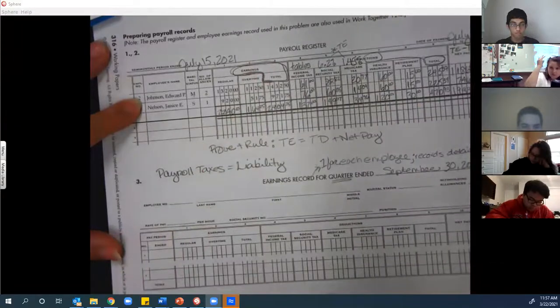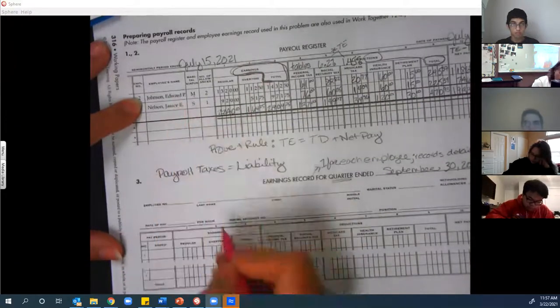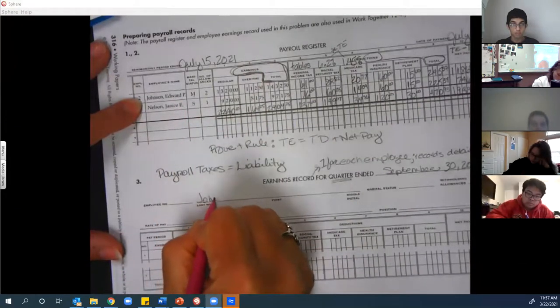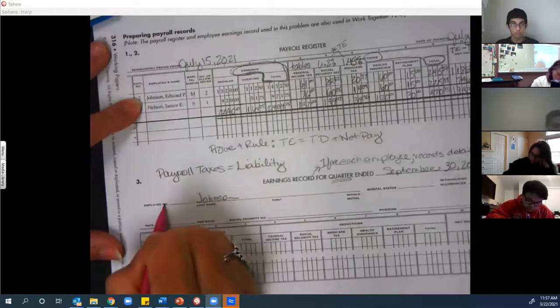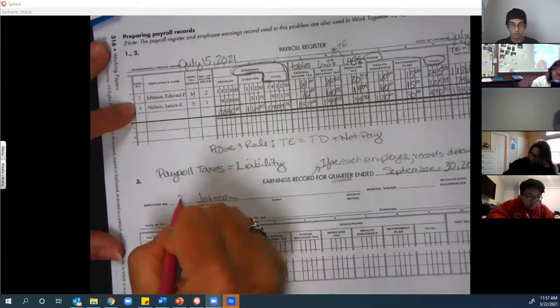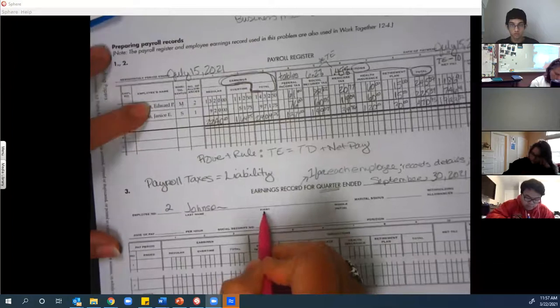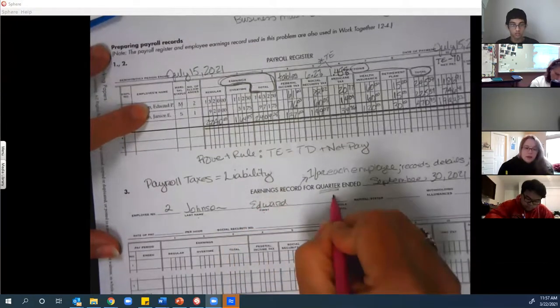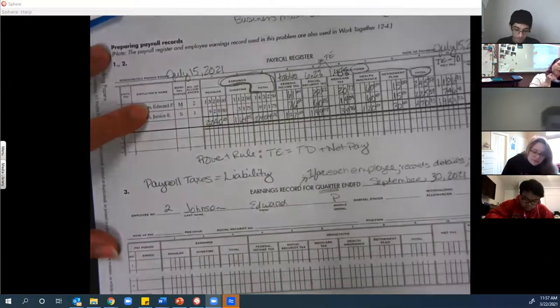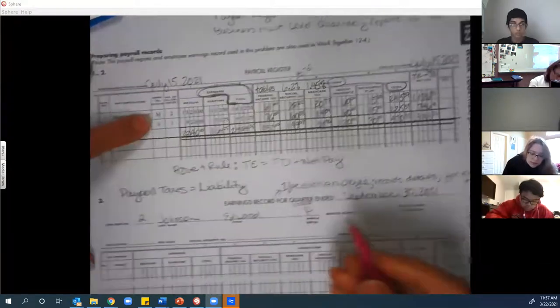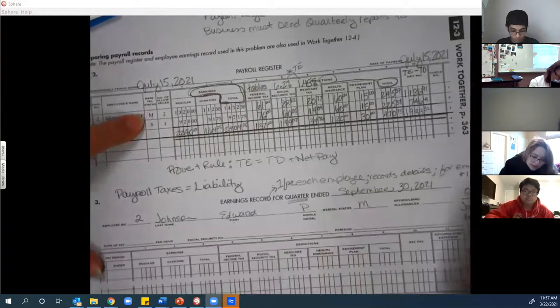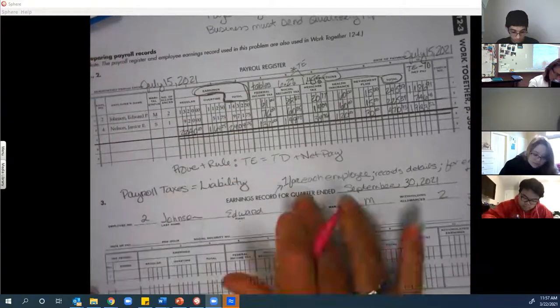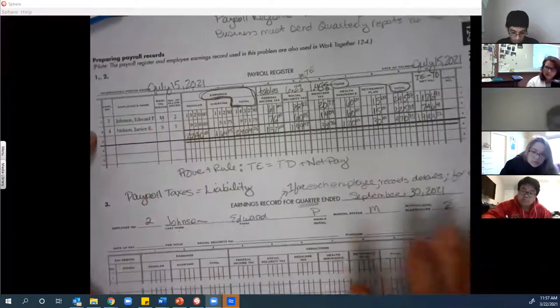I'm going to have to zoom out a little bit. His employee number is 2. His first name is Edward. Middle initial P. Marital status is M. Withholding is 2. So all of that can come from up here.